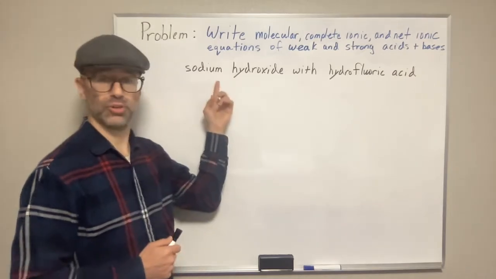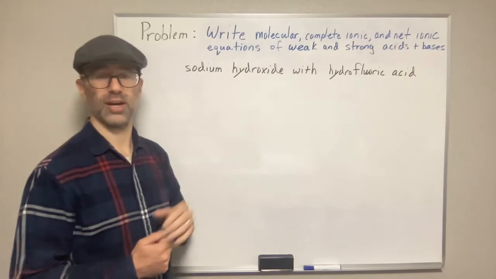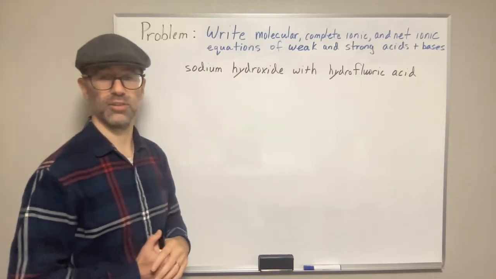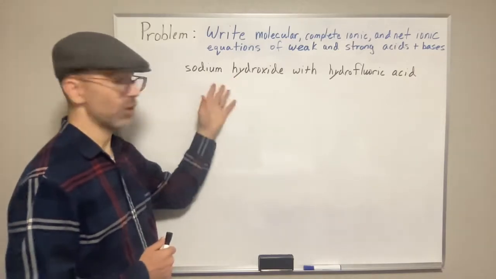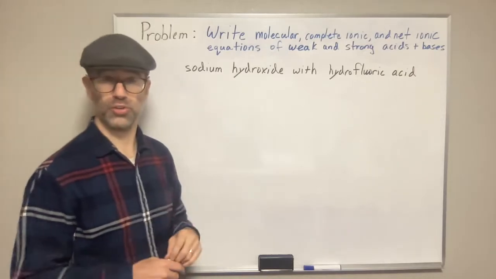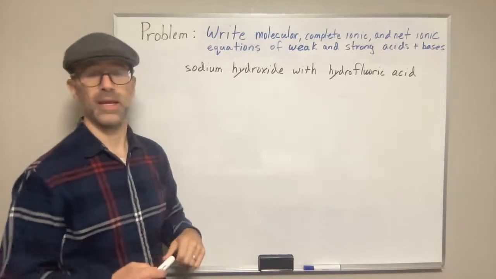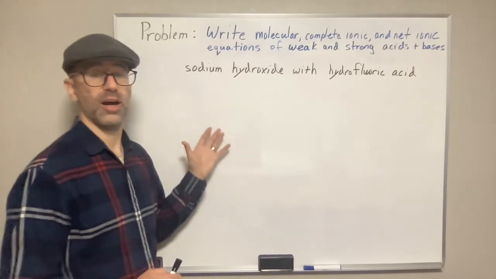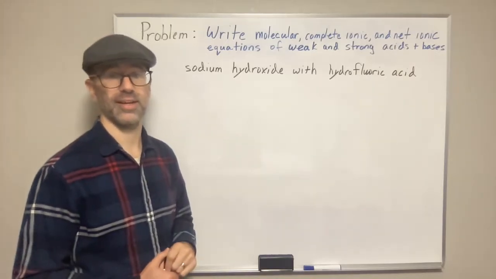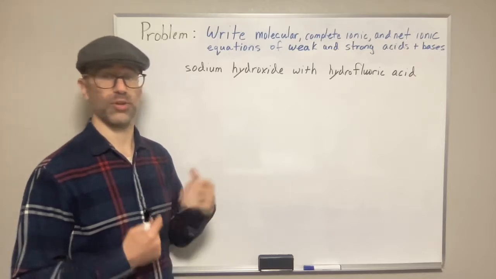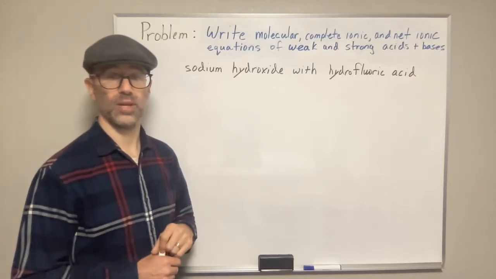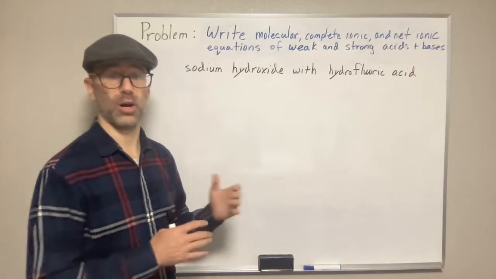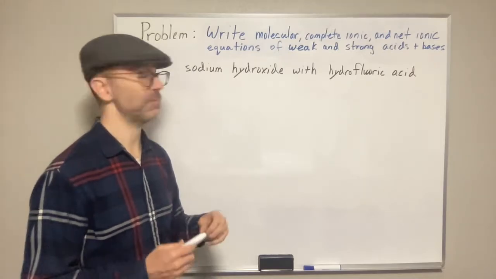So usually it's your group 1 metal hydroxides and your group 2 metal hydroxides, or at least some of them. So you should know what those are so you can identify them right away. The reason for that is because when you're writing your net ionic equation, it's going to be important to know whether you have a strong acid or a weak acid, or a strong base or weak base in the reaction.